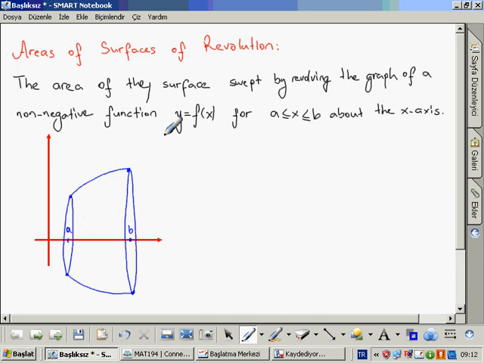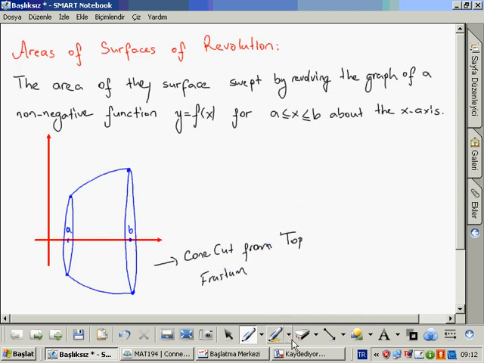And we can say this object is a cone cut from the top, or the frustum.